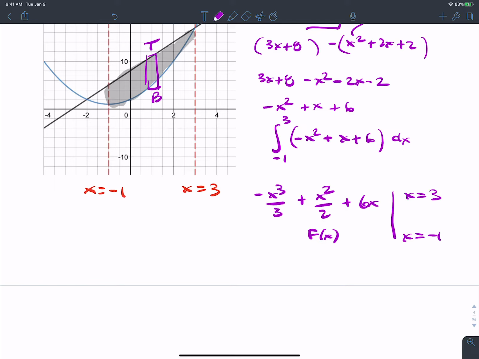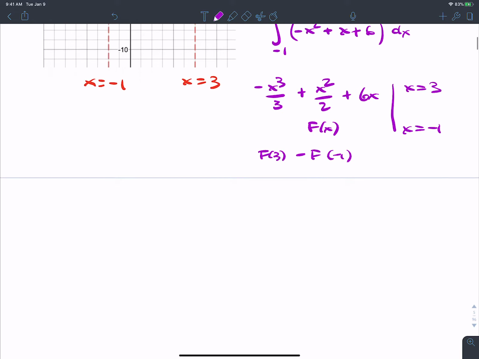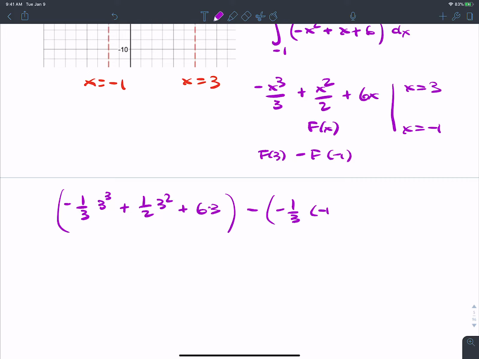So we have to find f of 3 minus f of -1. -1/3, 3 cubed, plus 1/2, 3 squared, plus 6 times 3. Minus -1/3, -1 cubed, plus 1/2, -1 squared, plus 6 times -1.